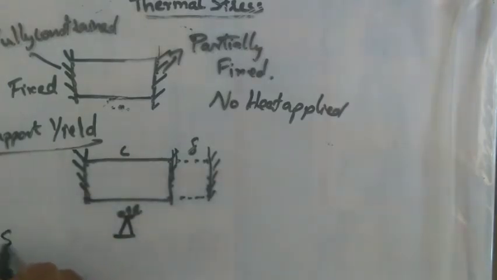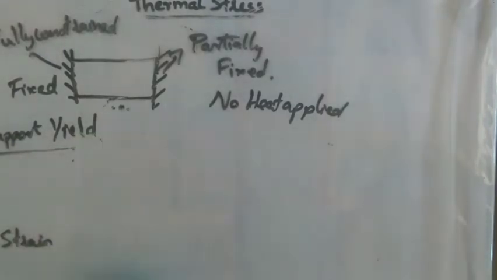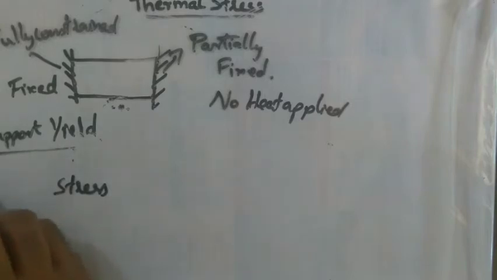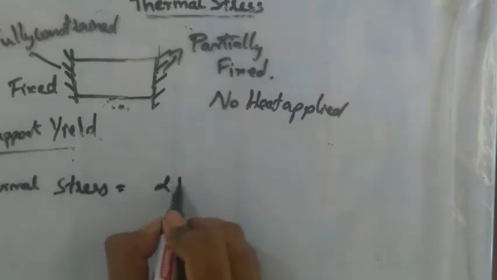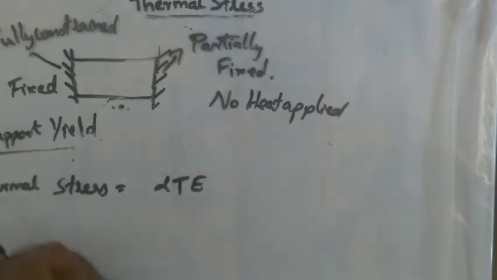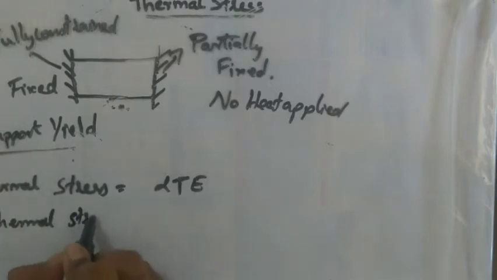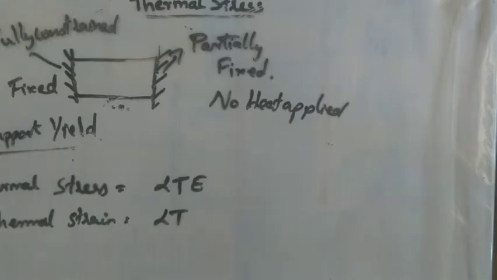We just saw in this session the equation for thermal stress as alpha T E, and thermal strain as alpha T. That is without yielding support.